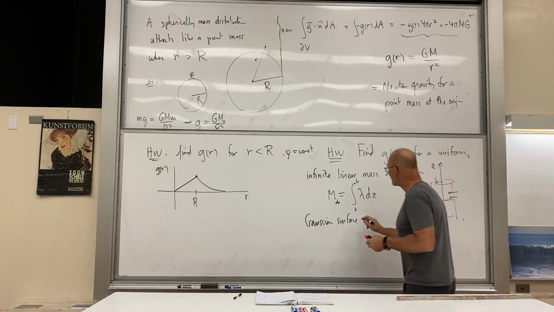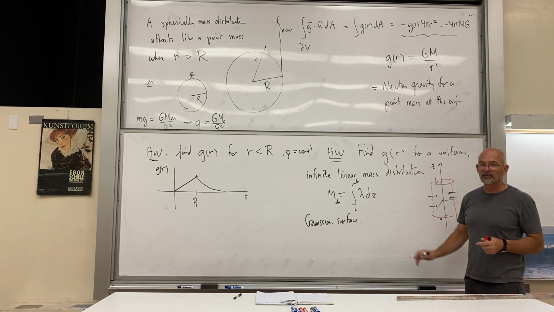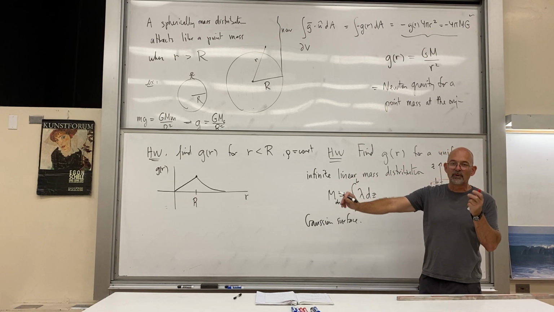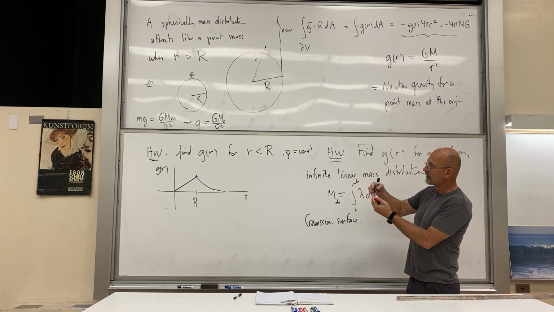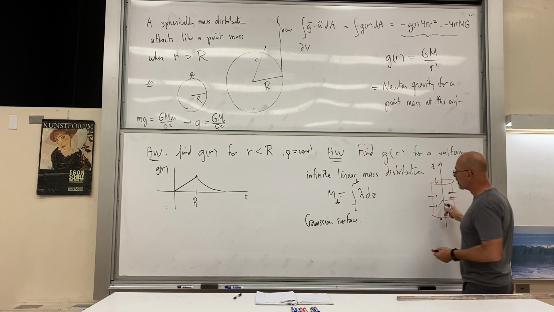Yeah, so go ahead and do that one as well. Make sure you're clear on that, because that behavior is also important. If you're approaching or receding from a point, you've got 1 over r squared. And if you're approaching or receding from an infinite line, you get a 1 over r dependence.